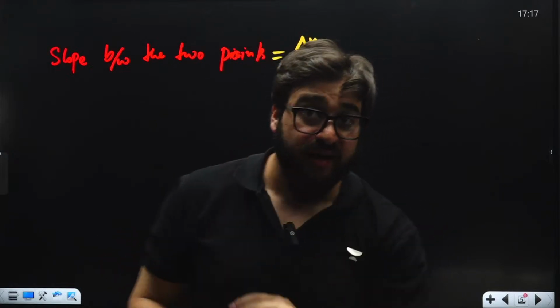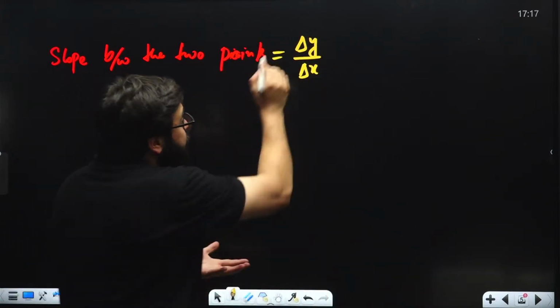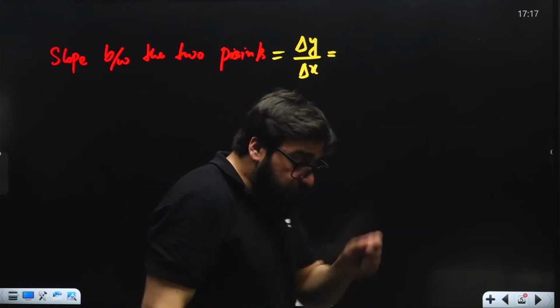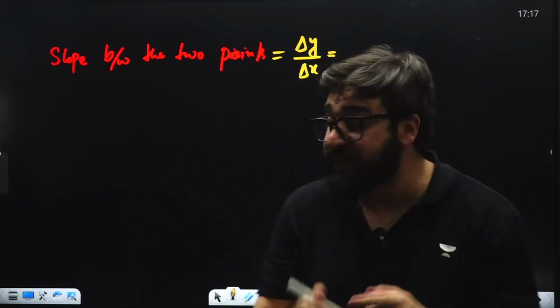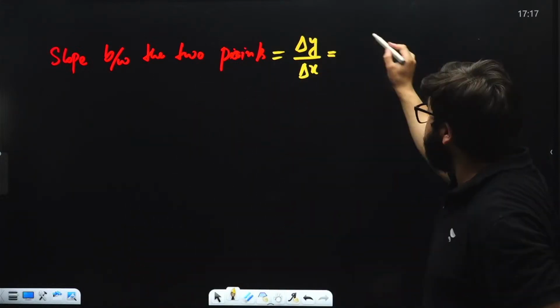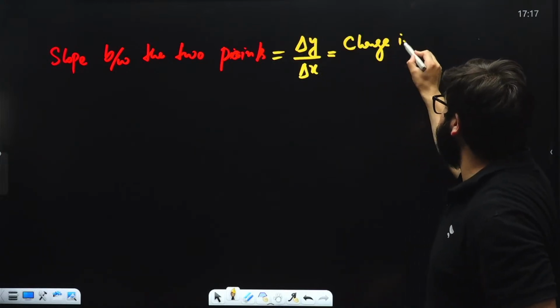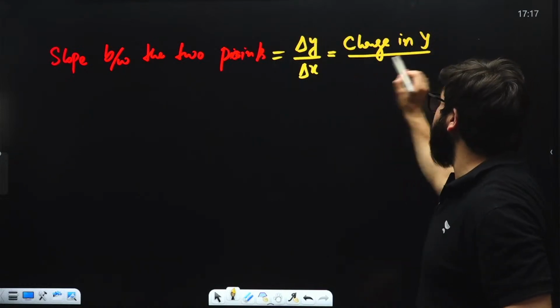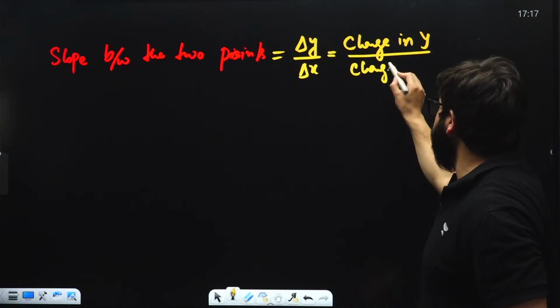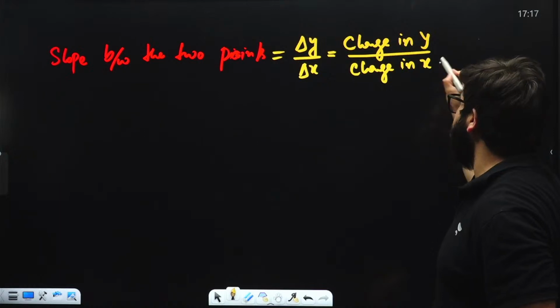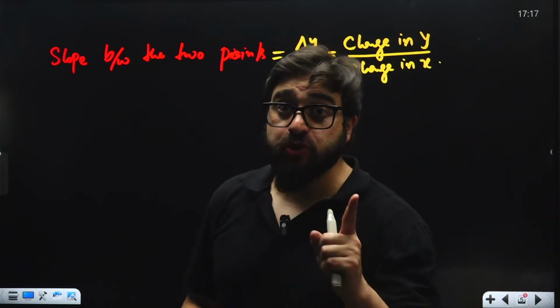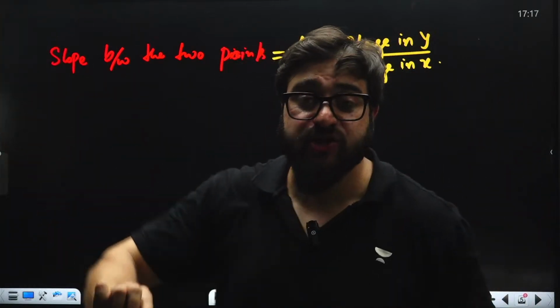As simple as that. And my dear friends, this delta y is also called change in y divided by change in x. So slope is also change in y divided by change in x.